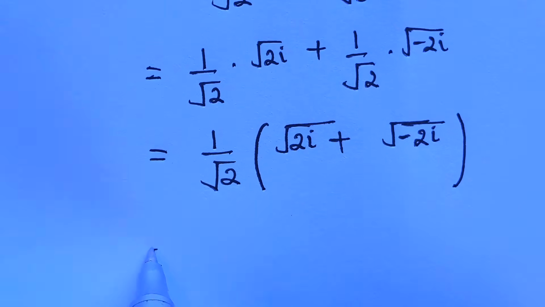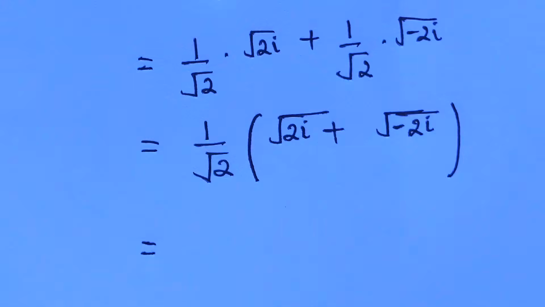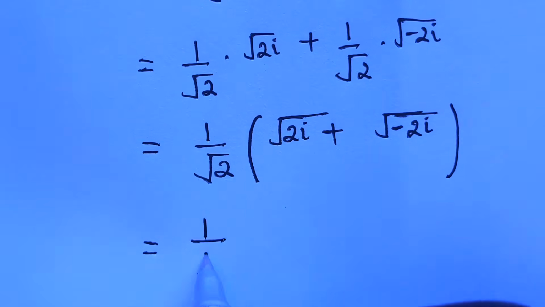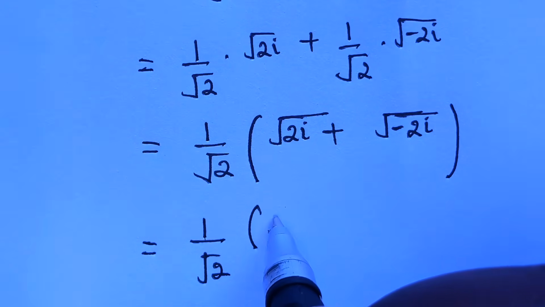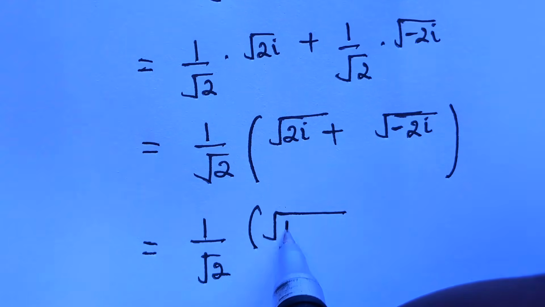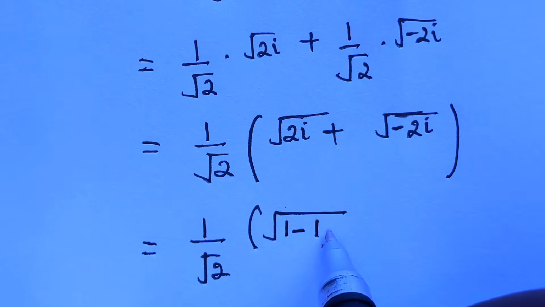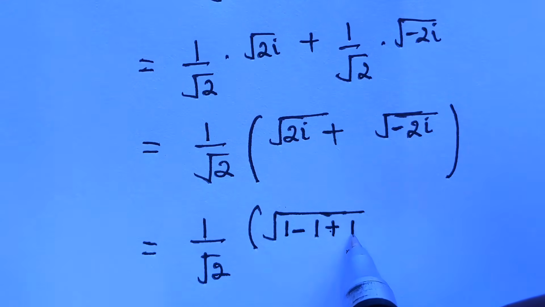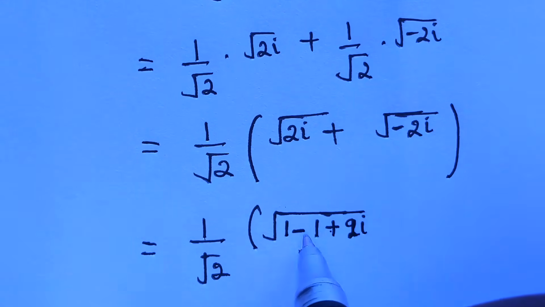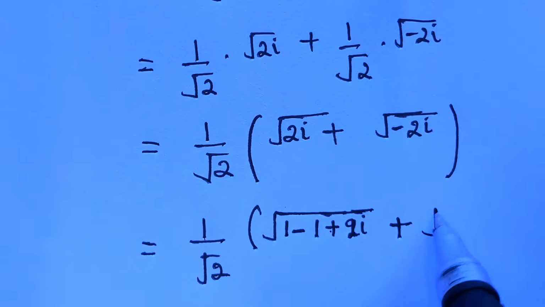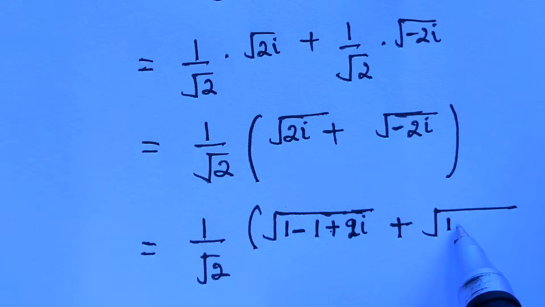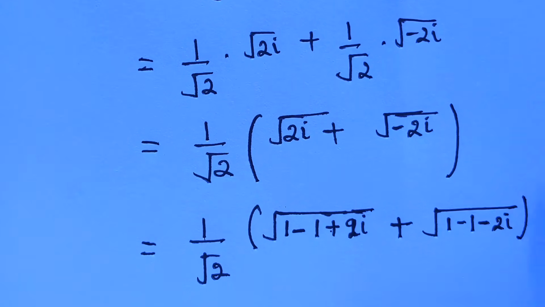We're going to write: equal to 1 over square root of 2, open bracket, square root of, we can write 1 minus 1 plus 2I, because 1 minus 1 is equal to 0, then plus square root of 1 minus 1 minus 2I, close bracket, right?